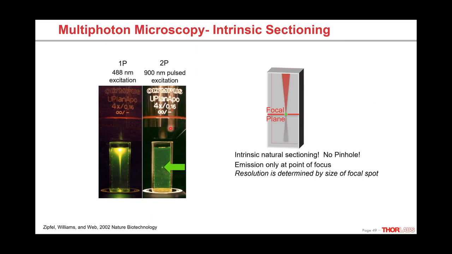In 2 photon, though, you only see 1 illumination point at the point of focus. And that's because that is the only place where the photon flux density is high enough to achieve 2 photon excitation. This means that there is natural sectioning. There is no out of focus emission light. No pinhole is required.